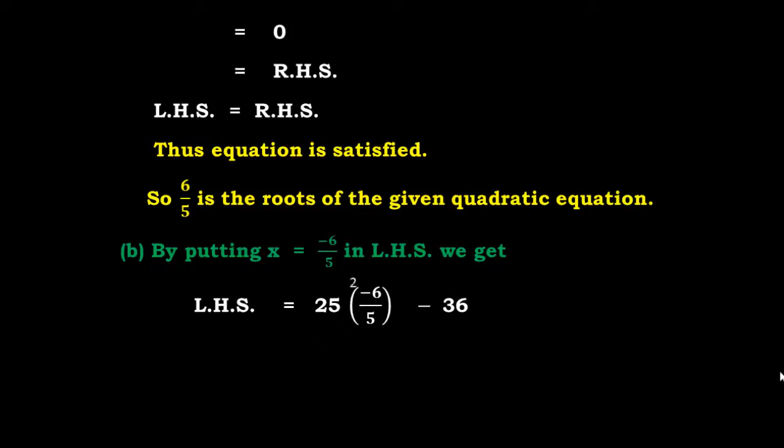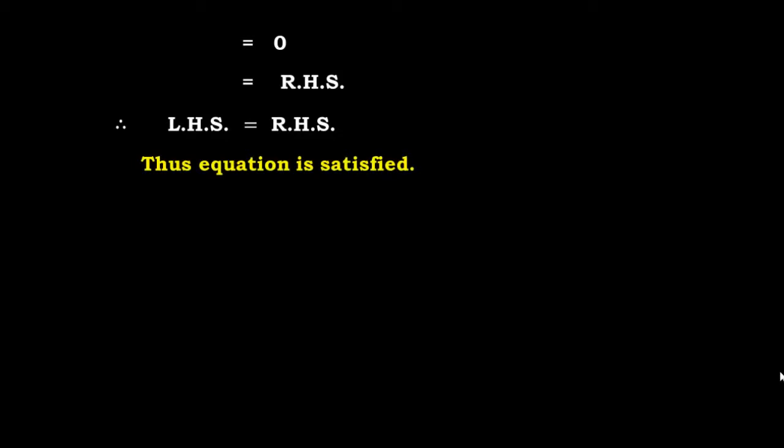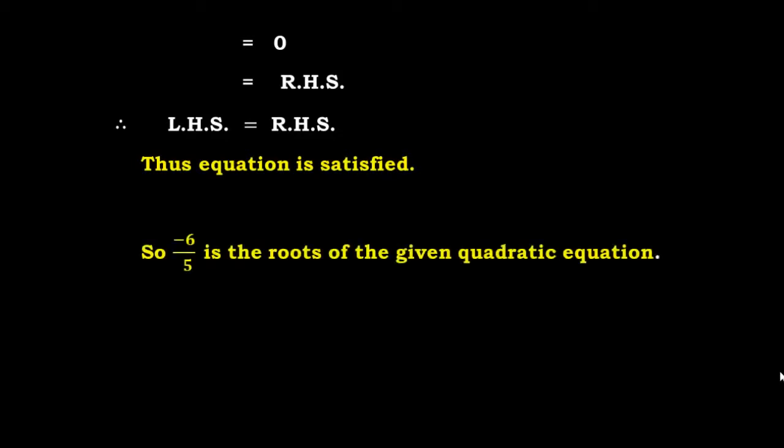So 25 into 36 upon 25 minus 36. 25 gets cancelled, 36 minus 36 will become 0, which equals RHS. So LHS is equal to RHS, thus the equation is satisfied. That means minus 6 upon 5 is a root of the given quadratic equation.